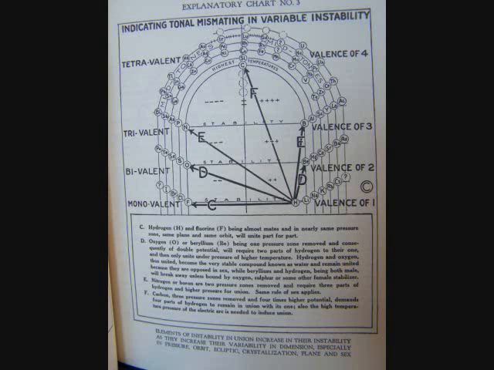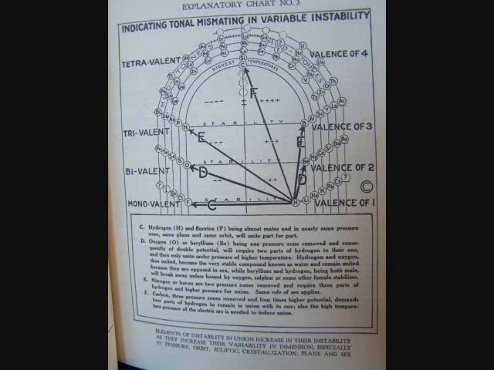E. Nitrogen or boron are two pressure zones removed and require three parts of hydrogen and higher pressure for union. Same rule of sex applies.